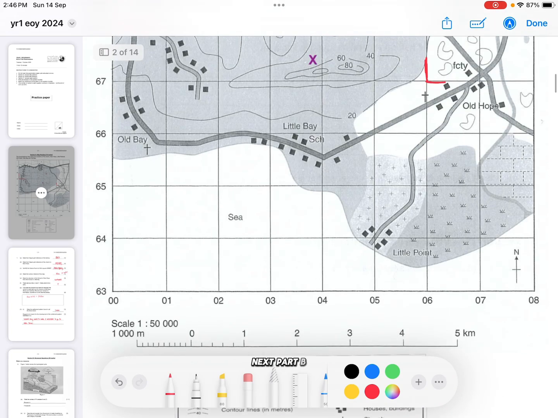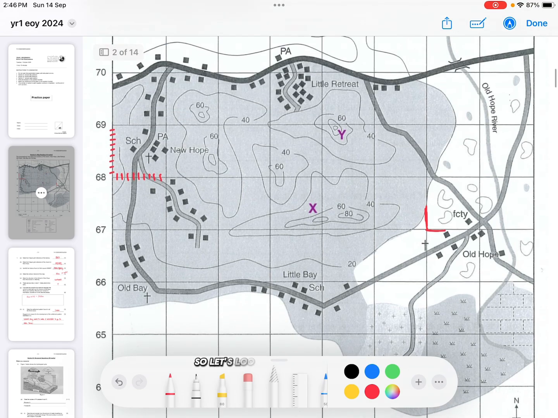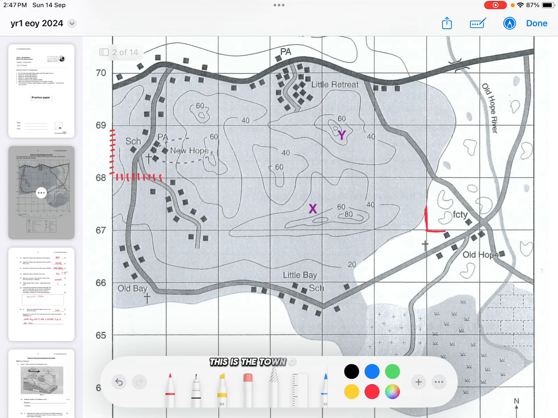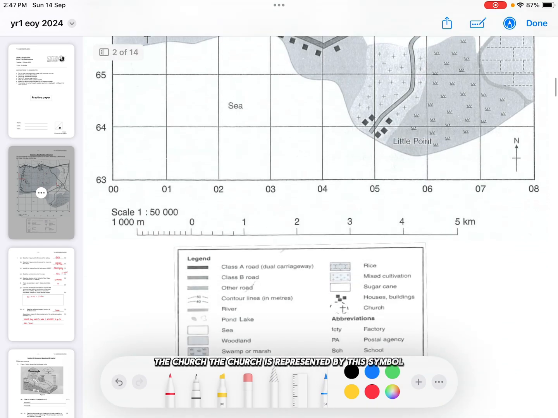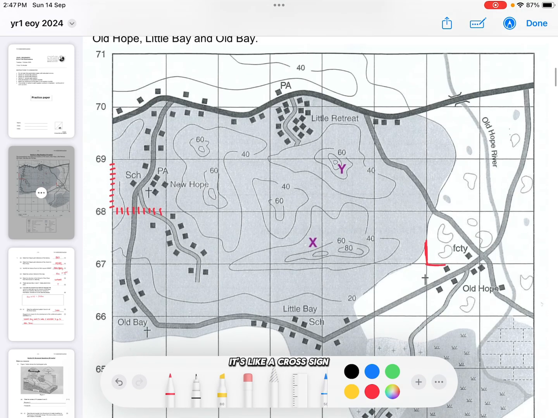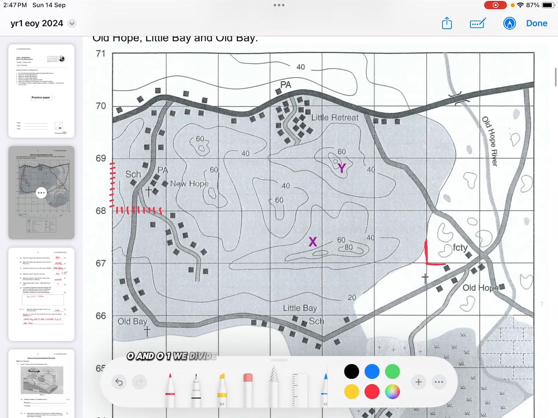Alright, next. Part B, state the 6-figure grid reference of the church in New Hope. So let's look on the map. This is the town of New Hope. The church is represented by this symbol, like a cross sign. For a 6-figure grid reference, we need to divide the box into 10 equal parts. Between 00 and 01, we divide into 10 equal parts. The same for between 68 and 69.